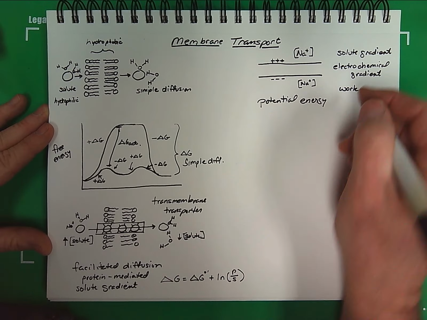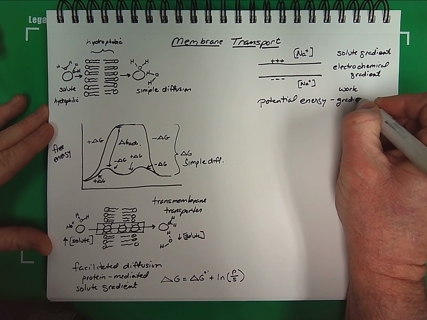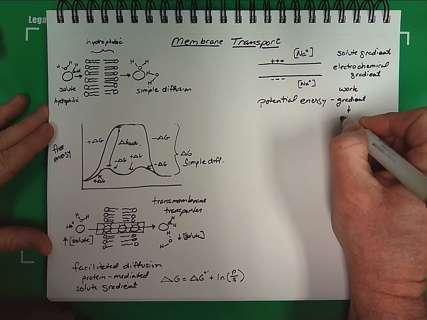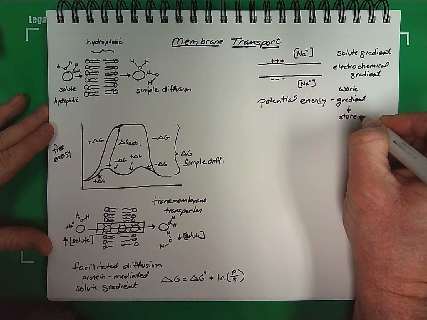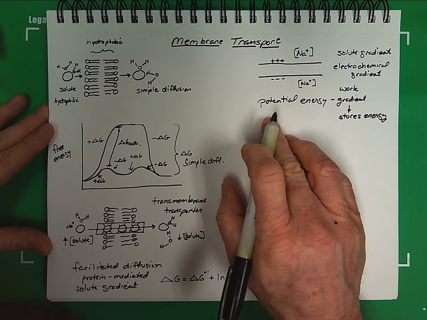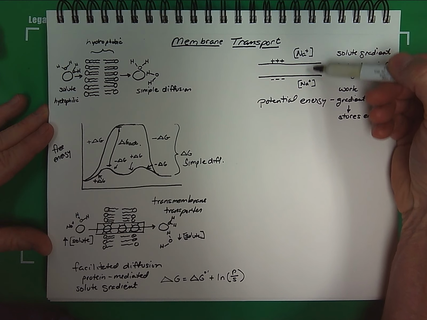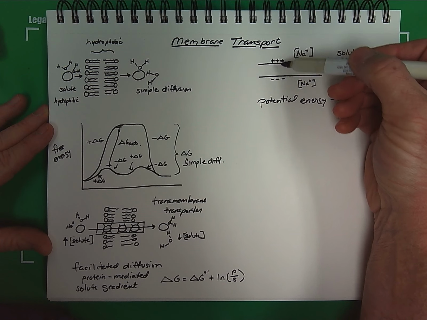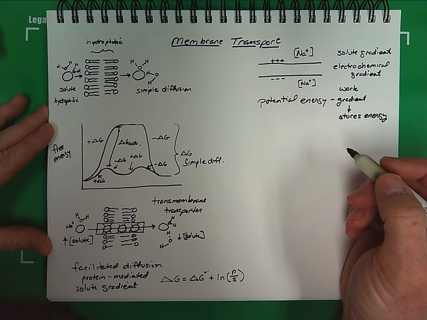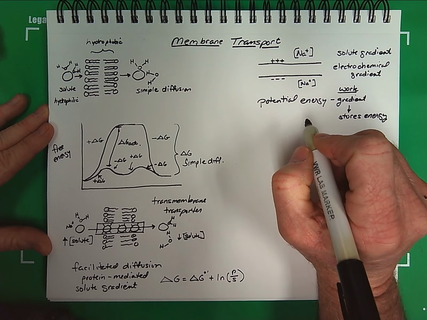It is called potential energy because the gradient stores energy. Once we have a potential energy gradient of either a chemical gradient and/or an electrical gradient, this is stored energy that can be used to perform work.